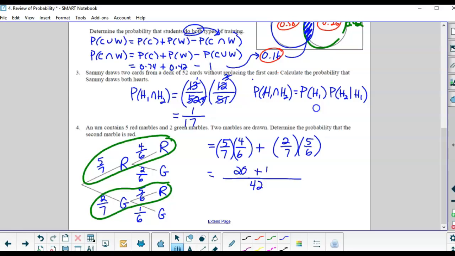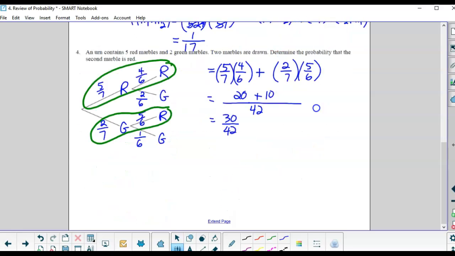So 20 plus 10 is 30 over 42, which 6 goes into, giving 5/7. So that's where a tree diagram is really helpful, right? And within these are each dependent probabilities, because you're not replacing the marbles.